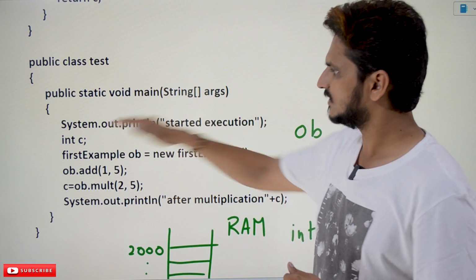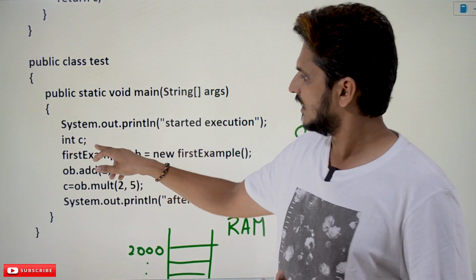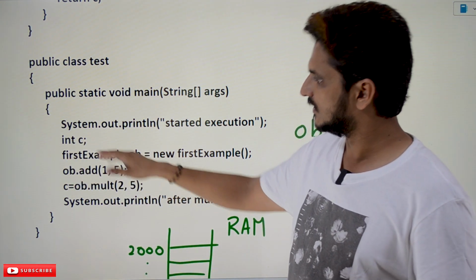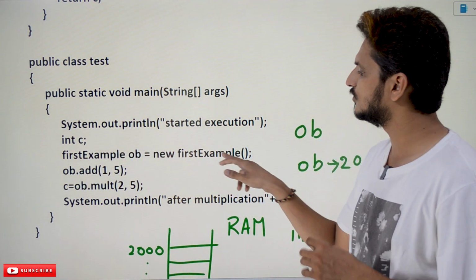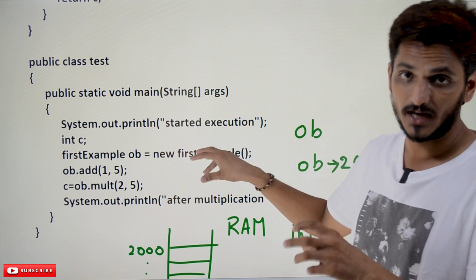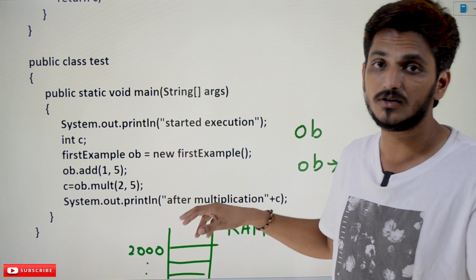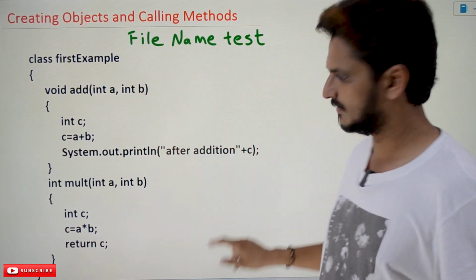After executing this line, the second line is going to be executed. int c, we declared a variable c. The next line is firstExample ob equal to new firstExample(). We need to understand this line. This line is used to create an object for the class firstExample.